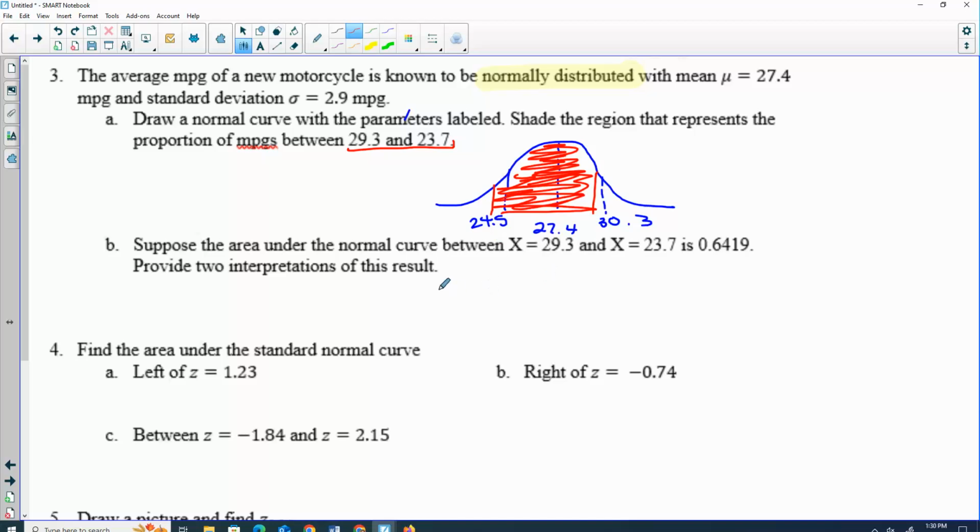Then part B, I wanted you to interpret it. So, the interpretation, there's two ways. We can think of it as a probability.